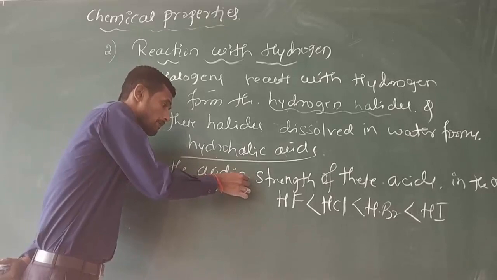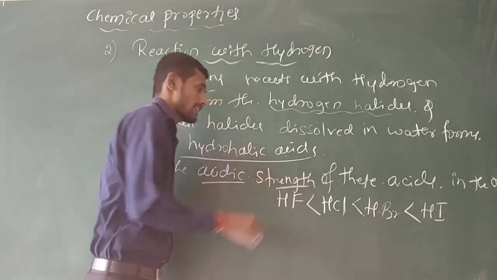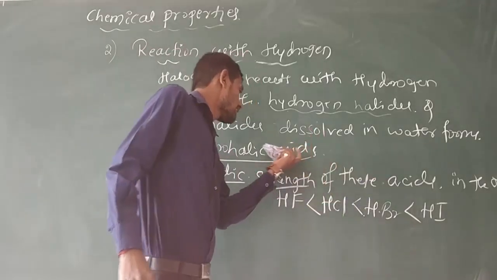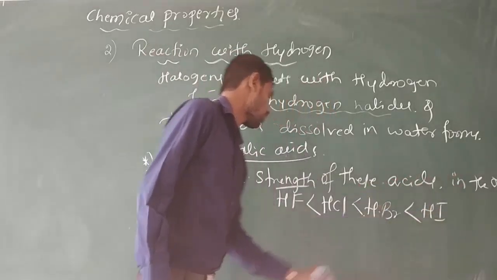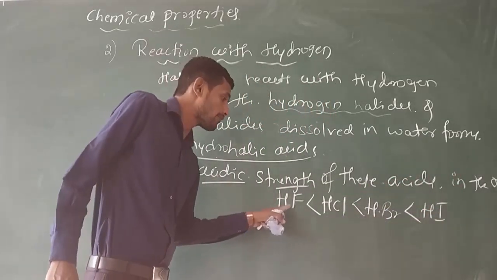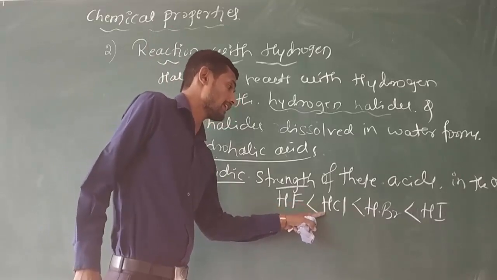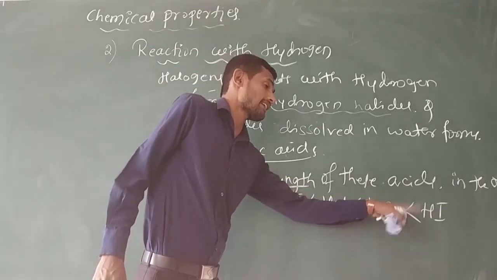See here, what is the point? The acidic strength or acidic nature of these hydrohalic acids is observed in the order of HF is less than HCl, less than HBr, less than HI.